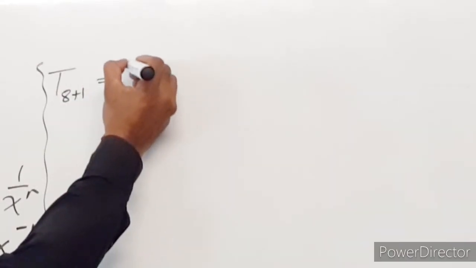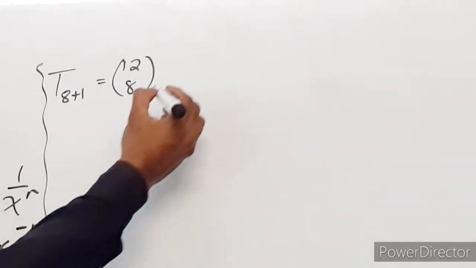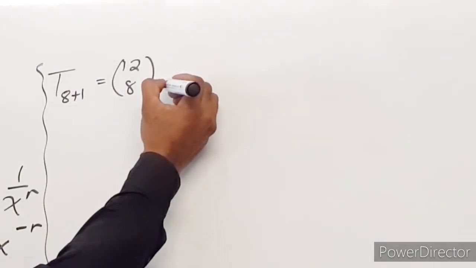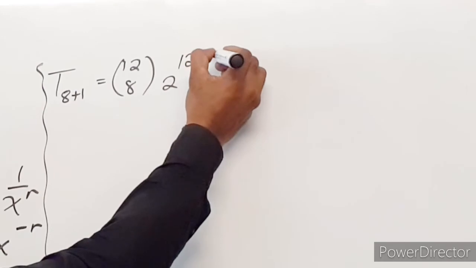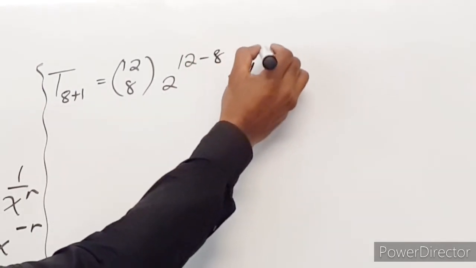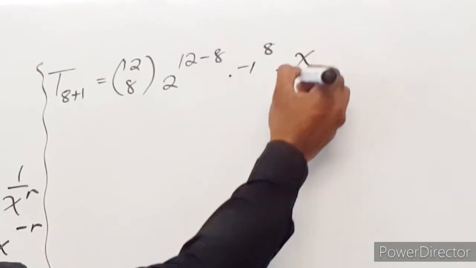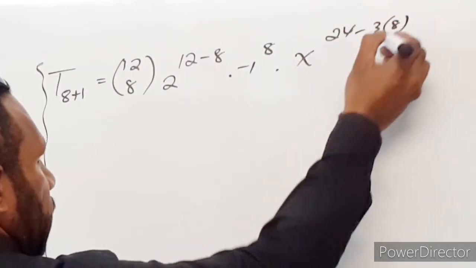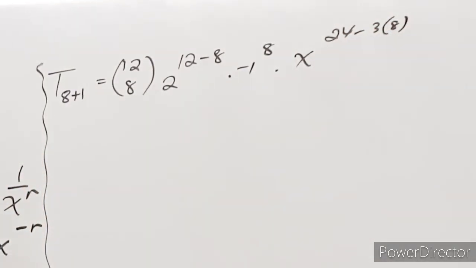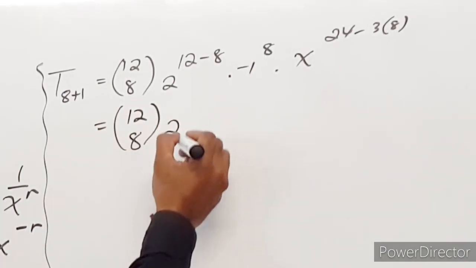T_9 is equal to 12 on 8, and then I will have 2 to the power of 12 minus 8, multiplied by negative 1 to the power of 8, multiplied by x to the power of 24 minus 3 times 8. You will see that gives you 24 minus 24, which is 0.